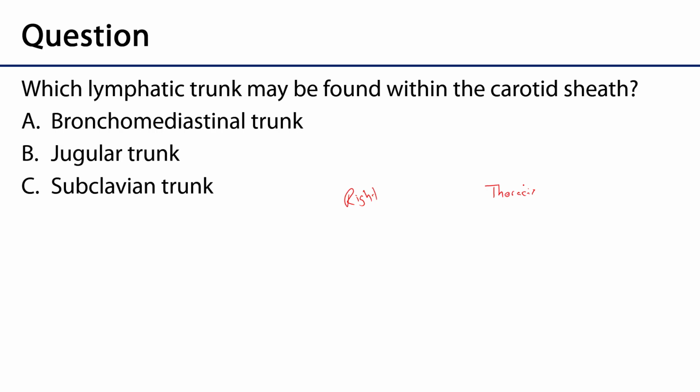And these ducts are going to receive trunks in at the venous angles. So the right goes into the right venous angle. The thoracic goes in the vicinity of the left venous angle. Those venous angles are where the internal jugular veins meet the subclavian veins.